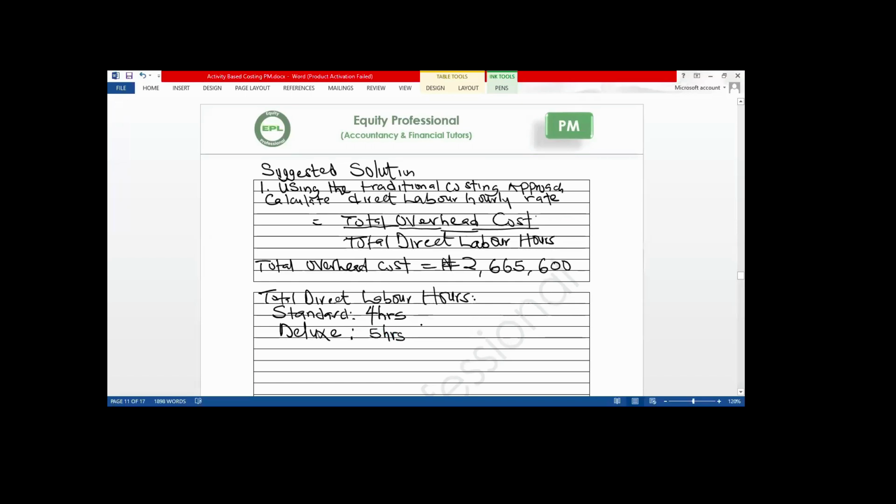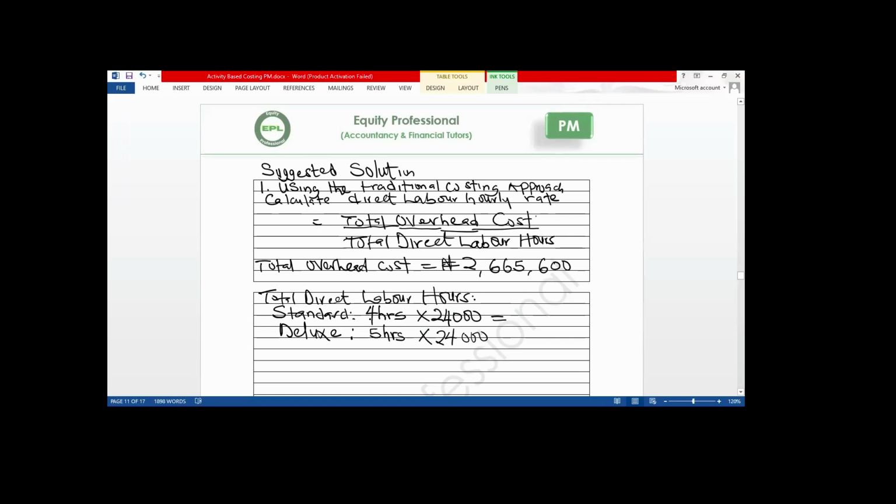Now go back to the question. How many units of standard will this company produce? 24,000 units. Production volume is 24,000. For doulos also, 24,000. You can now get total labor hour for standard.